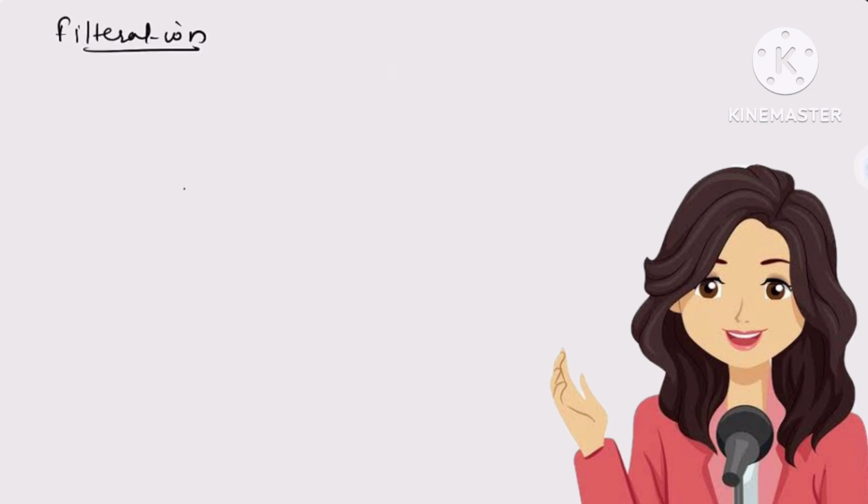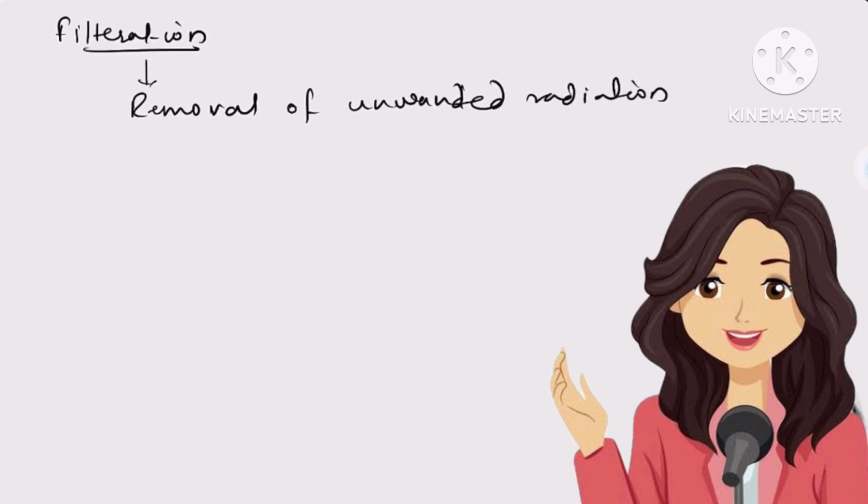Now, what is the use of the aluminum filter? It removes unwanted radiation. That means the low energy photons which will just go and fog the film. This filter will restrict that unwanted radiation. Okay, so filtration in the X-ray tube is inherent, and some added filtration is also there.